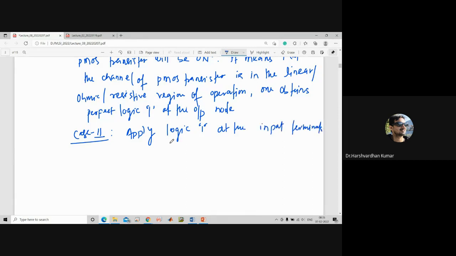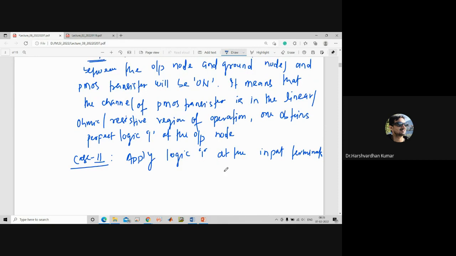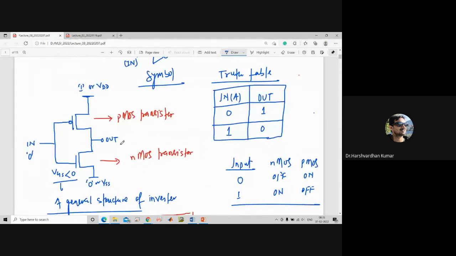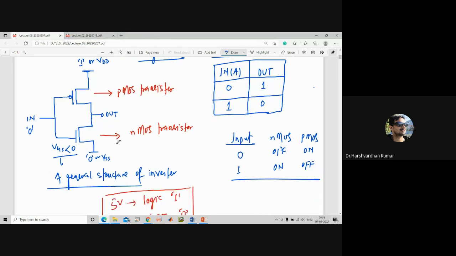What will happen to the PMOS and NMOS transistors? Which one will operate and which will not operate? That is what I am asking.